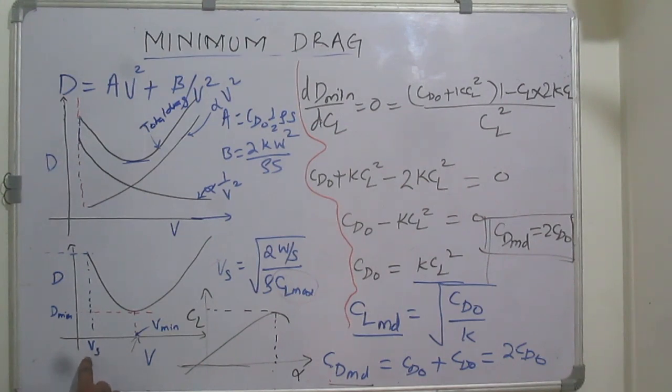Another thing is that the stalling velocity is smaller than the velocity at minimum drag.